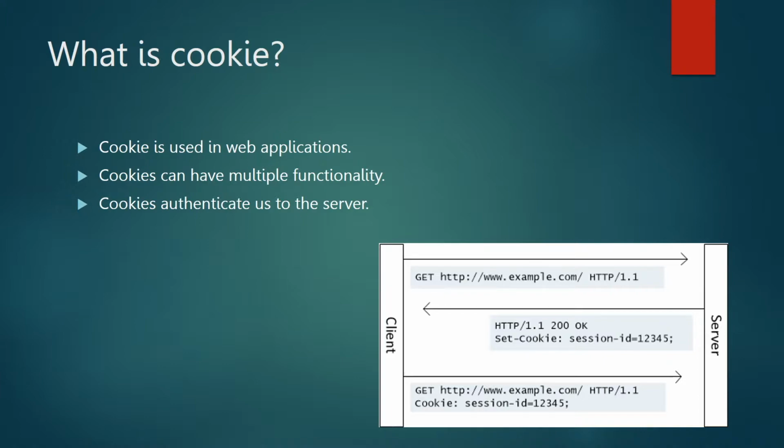The cookie can be used for many functionalities, but the main one is authentication in web servers. As you can see, the server responds to us with the successful 200 message, and it sets an ID for the session using a cookie.